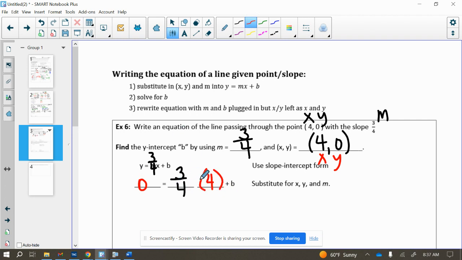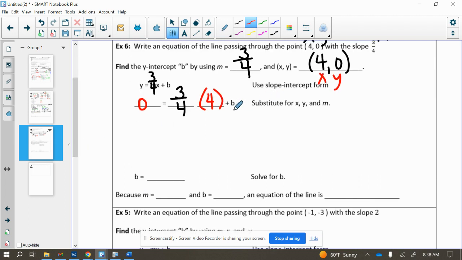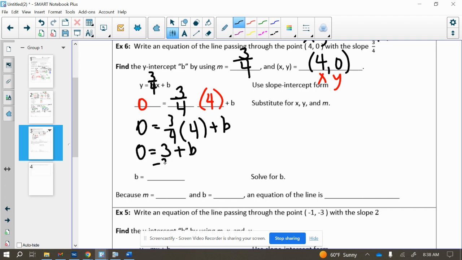And this will allow us to solve for what our y-intercept, aka b, is. So notice 3/4 times 4 can simplify to just be 3. And then if you subtract 3 from both sides, our b value ends up being -3.